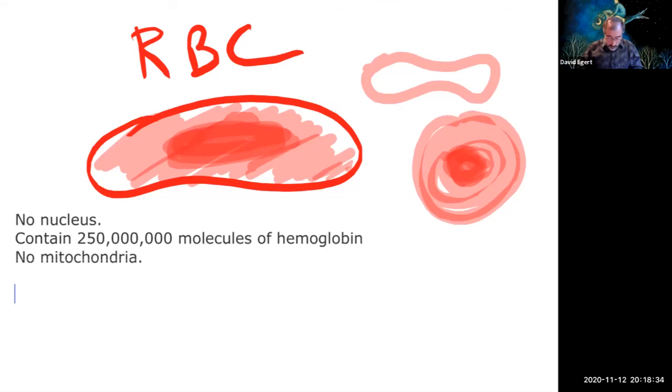So they only live up to about 4 months at most. So they're constantly being recycled in the liver and the spleen.